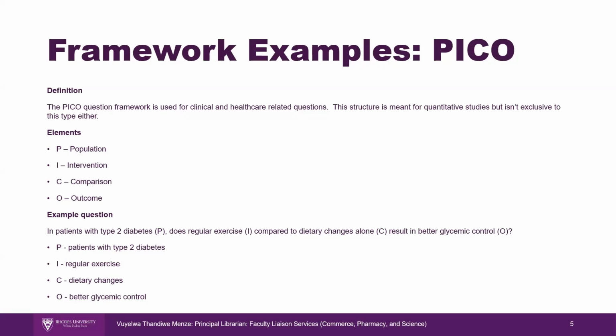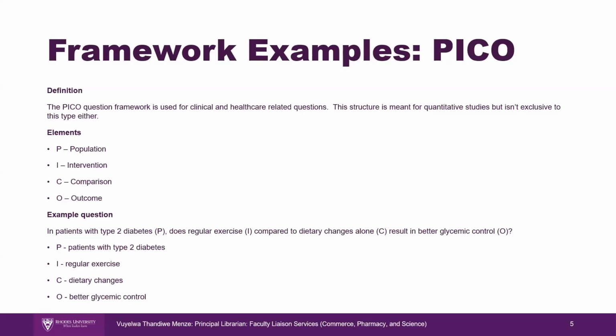This structure is meant for quantitative studies, but it isn't exclusive to this type either. The elements of a PICO question: you have the P, which denotes population, I denotes intervention, C denotes comparison, and O, the outcome.